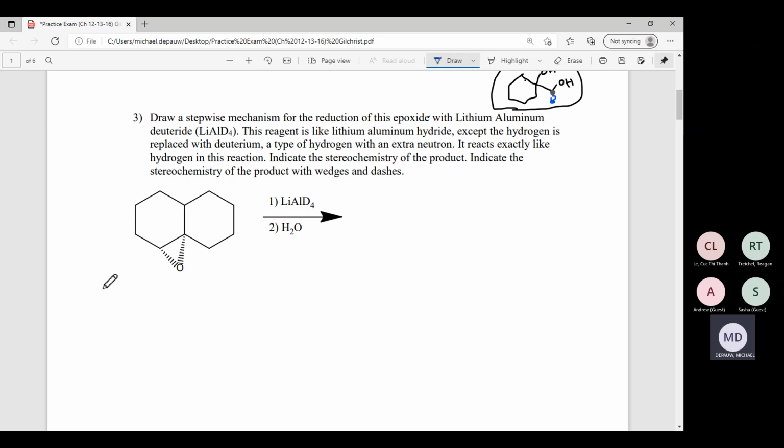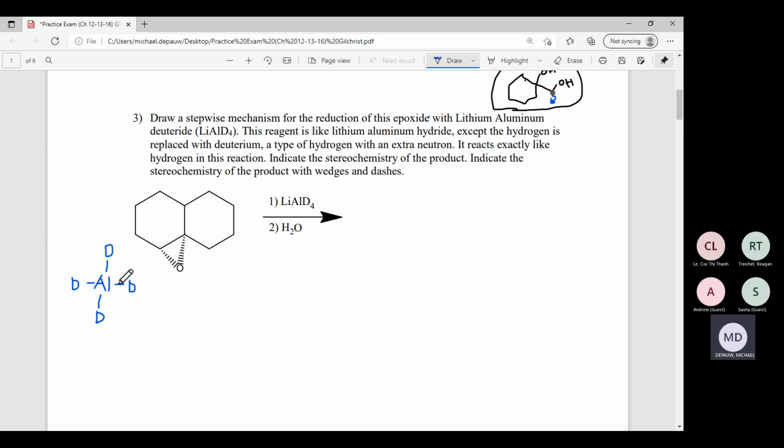But the key thing here to recognize is that you have this lithium aluminum deuteride, which is basically like lithium aluminum hydride. So I have a D. It's basically 4 negatively charged deuteriums, or hydrogen isotopes, attached to aluminum.